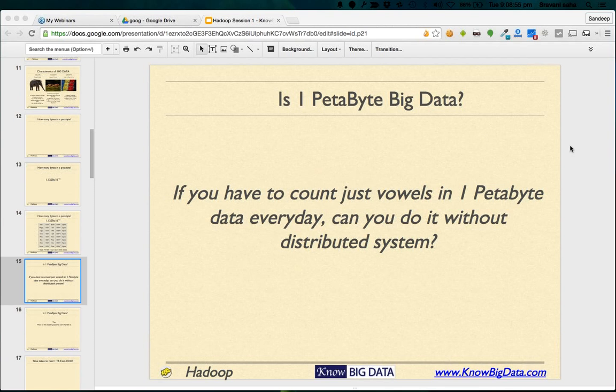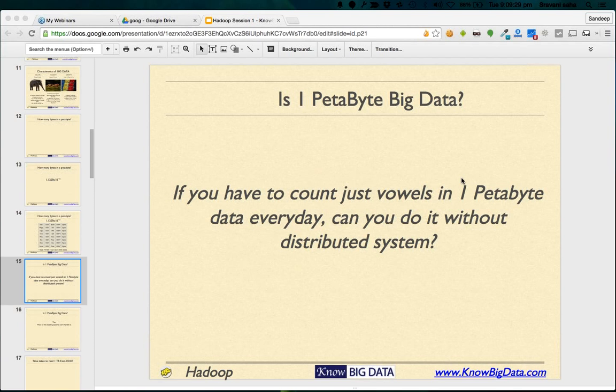Now, as opposed to our common sense that for processing we require CPU, in this problem, when we are just counting vowels in 1 petabyte data, we will go through this data one by one from left to right. So processing is not that much required. All we need to do is keep reading data and keep checking every byte.